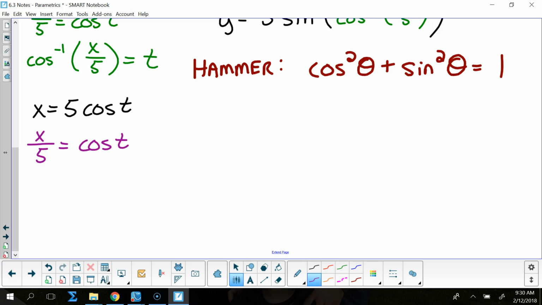And instead of solving for t in the y equation, I'm going to solve for sine of t.